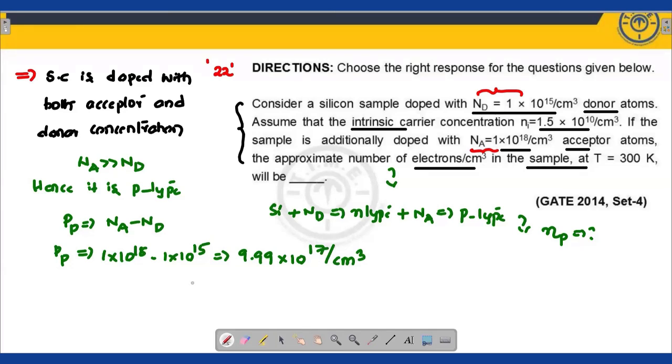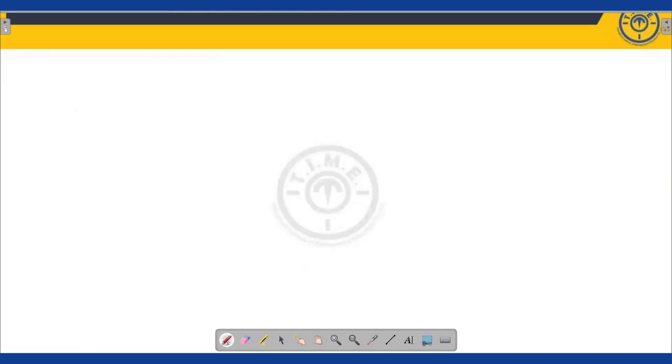Now, as per the mass action law, what does the mass action law say, my dear friends? Very important, in a P-type semiconductor, Np into Pp is equal to Ni square.